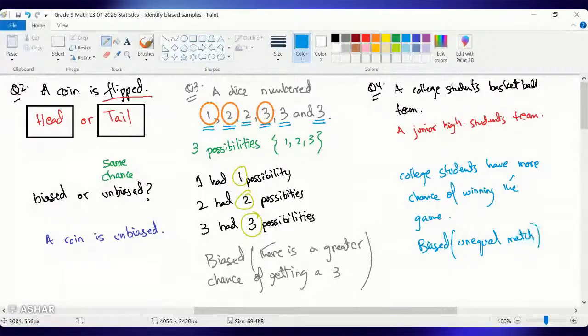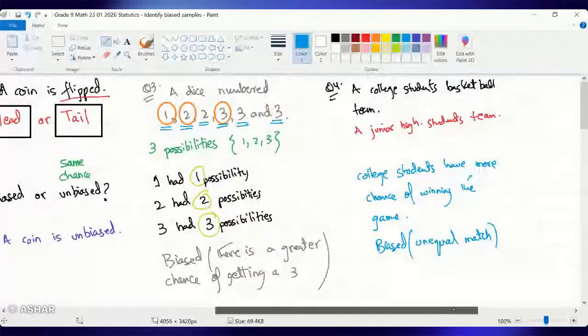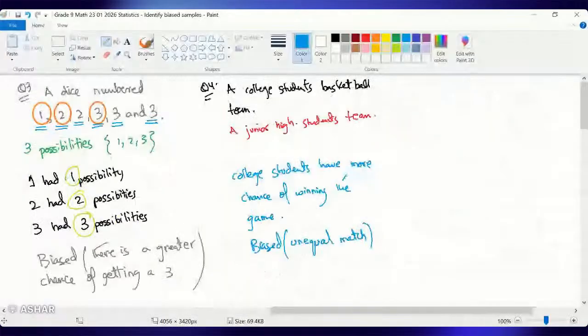An example would be, these are random examples. Suppose there is a fan of a football match.